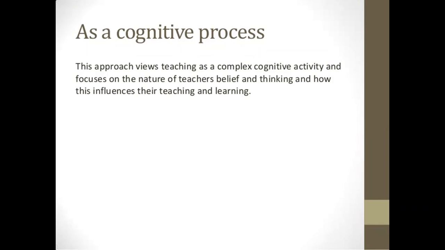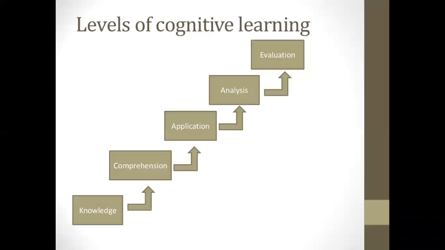So these would be the levels of cognitive learning. As you can see in this diagram, it starts from knowledge down to evaluation: knowledge, comprehension, application, analysis, and evaluation.